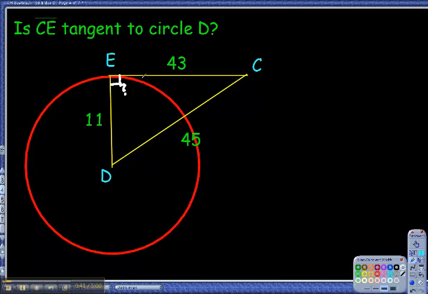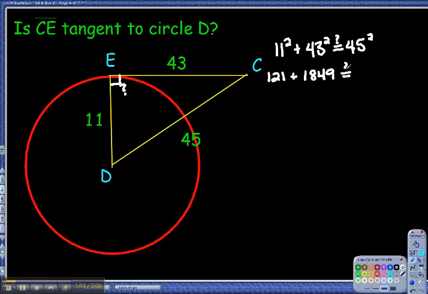Because we have a right triangle, we can use the Pythagorean theorem just to test to see, does 11 squared plus 43 squared equal 45 squared? Well, 11 squared gives us 121. 43 squared would give us 1,849.